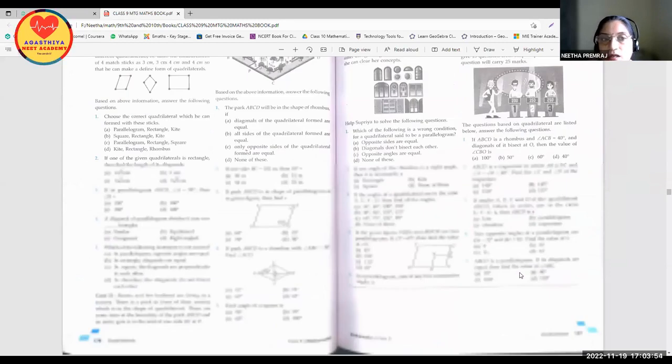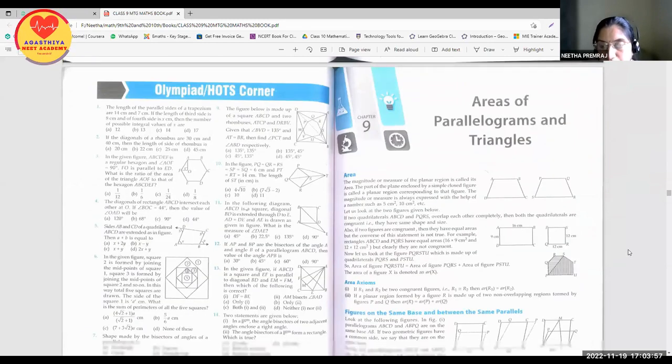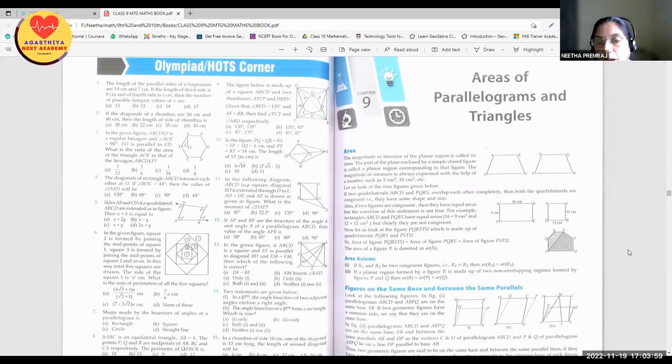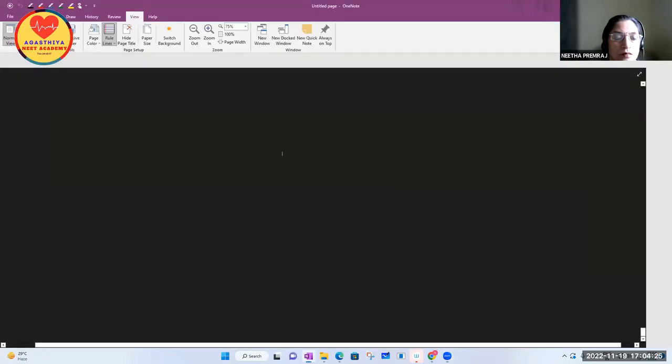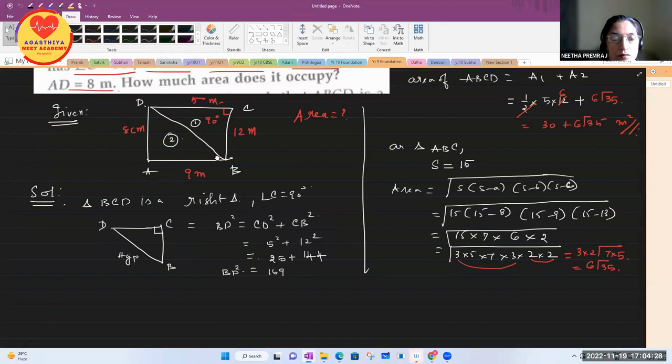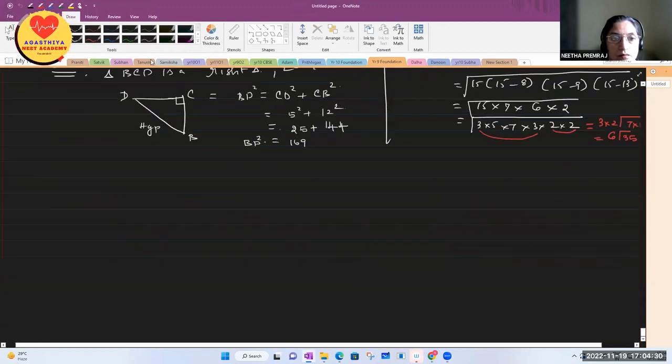Okay, so what concepts should you know? One by one. Before going to see this, I'll teach some basics, then we'll come back to this.